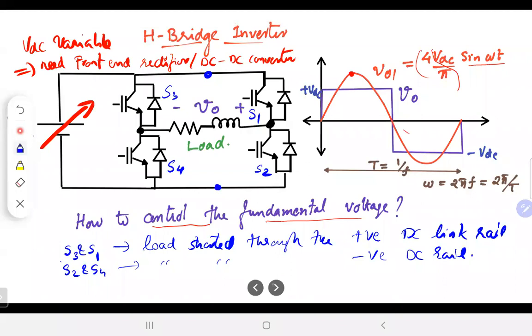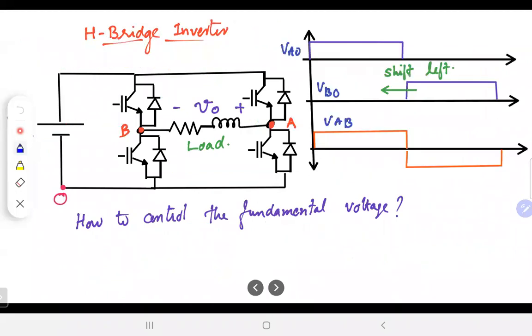The strategy which they use is what we call the voltage cancellation method. Like we have VAO, with respect to, I have used N here. Anyway, this is the O point or N point, whatever it is. So VAO is like this.